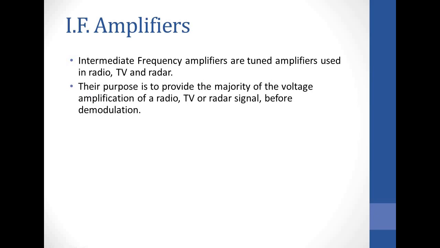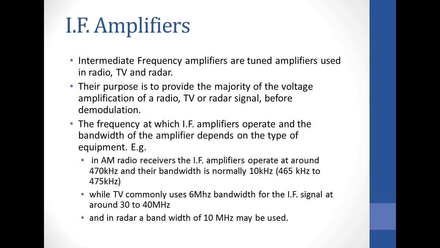So you later on find out that when we receive a signal, we receive an RF signal, and then we convert that RF signal to an IF signal. At the IF frequencies, that's when we introduce a lot of gain. A lot of gain is introduced at IF frequencies.